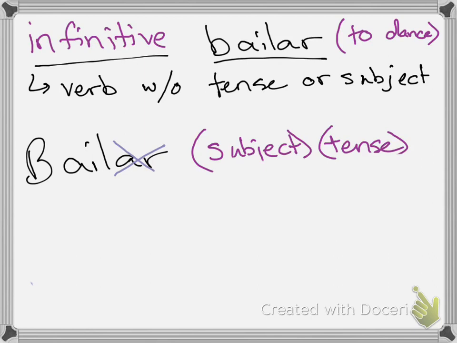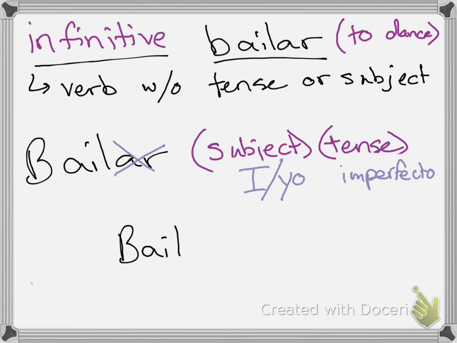Okay? So what is conjugating? It's giving a subject, let's go with I, which in Spanish is yo, and a tense or a time period, a who and a when. Let's do the pasado. We have two past tenses, so let's do the imperfecto, which is our general past tense. It's repeated, an action that's been repeated.